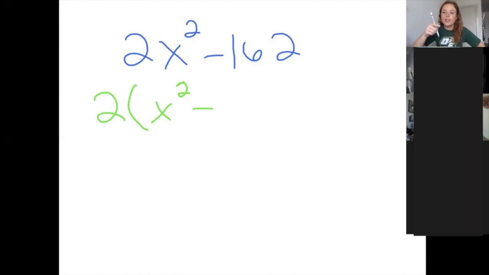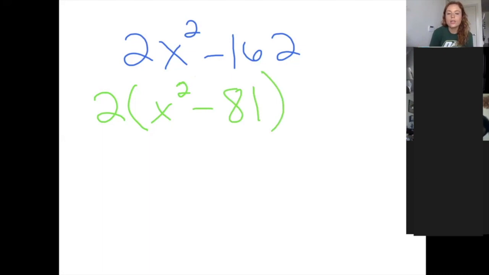This isn't a perfect square this time. We're just factoring out the 2. We're getting rid of the GCF. I'm unmultiplying it, so divide. What's 162 divided by 2? 81.